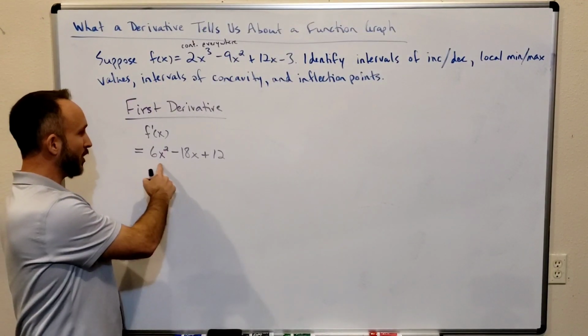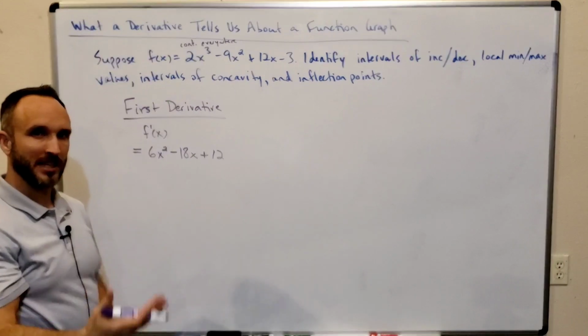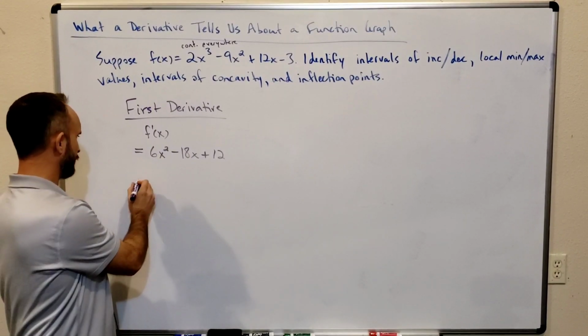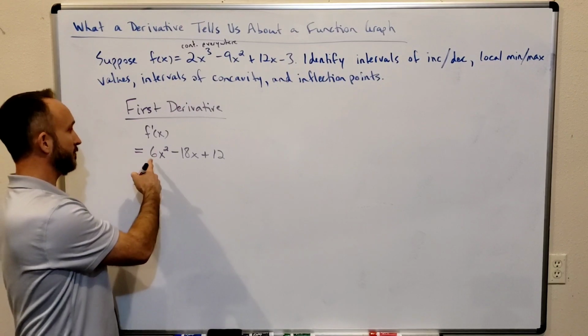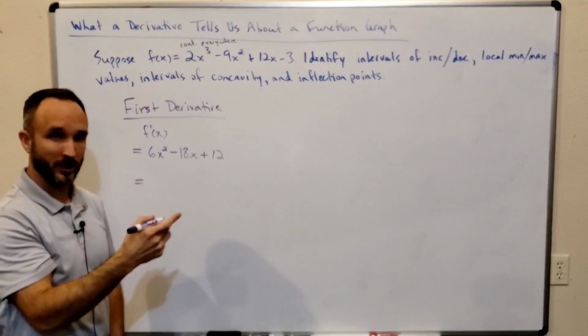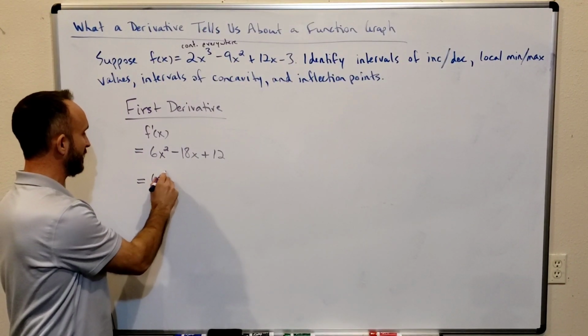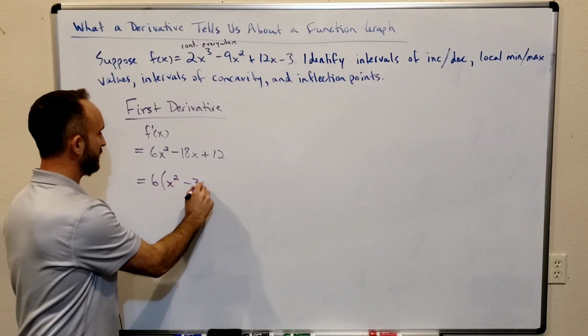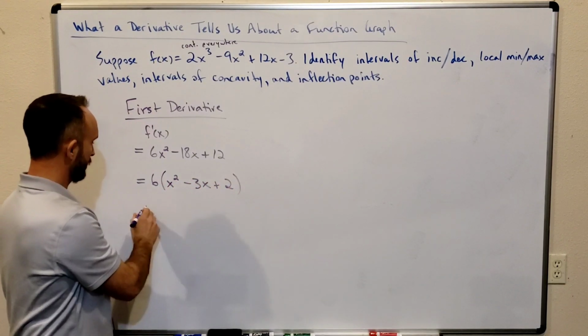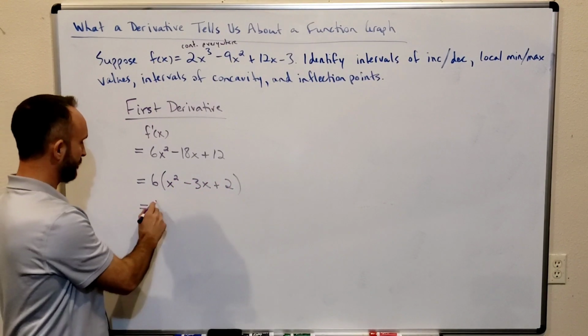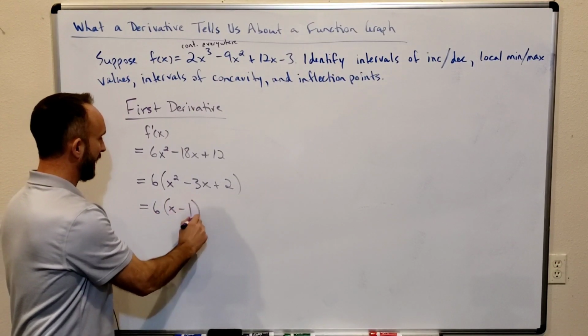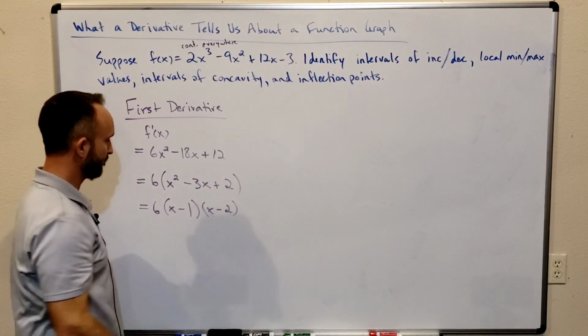So since we know we're going to be setting this equal to 0, just like when we find critical numbers, because it's a polynomial, we're going to go ahead and factor it so we can easily identify where it equals 0. So I just pulled the 6 out and then factor the remaining trinomial. Okay?